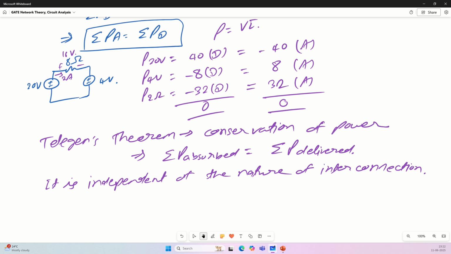Now let us talk about resistor. So in resistor, we'll talk about resistance. So what is resistance? Basically resistance is the ability, or the nature, or the feature of an element.